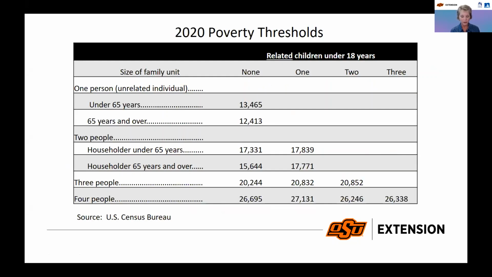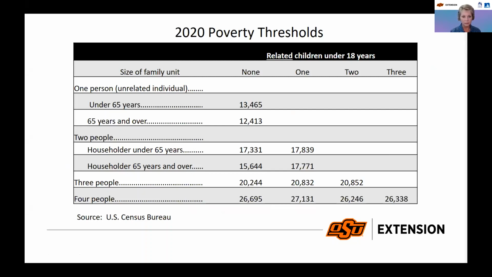So in Oklahoma, this table is a partial view of the poverty thresholds in 2020. The left side is the family unit, and the right side is the number of related children. A lot of you probably use this kind of guideline to determine eligibility.